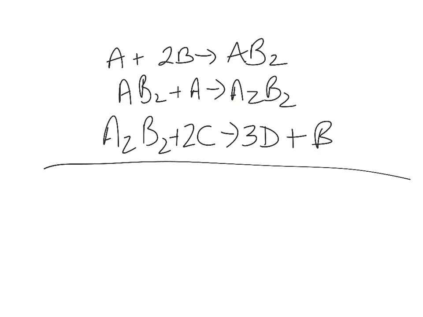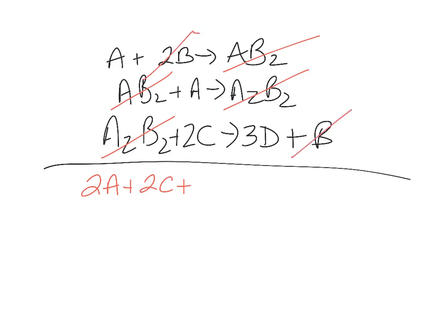What's on both sides? You've got AB2, gone. A2B2, gone. You've got 2 A's, 2 C's. One of the B's cancels to give you 3D. There's your overall. You just add them up.